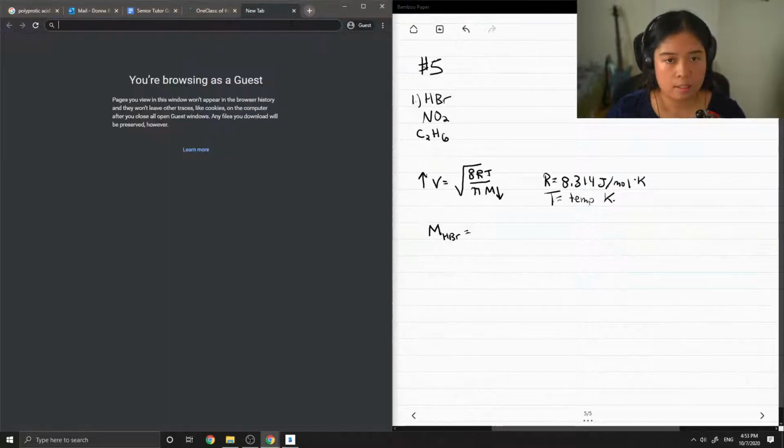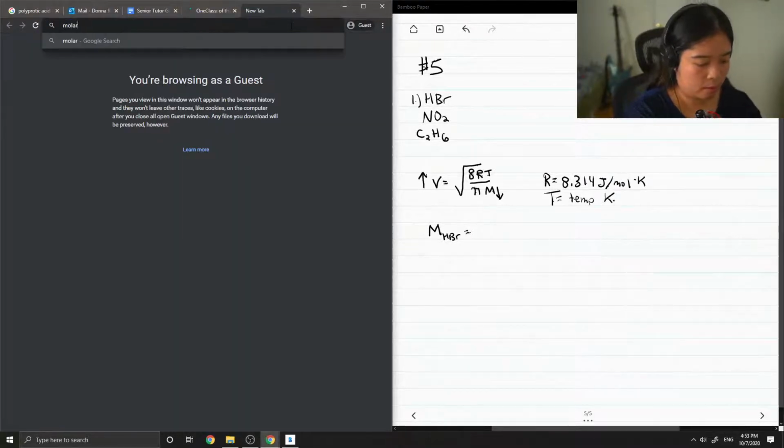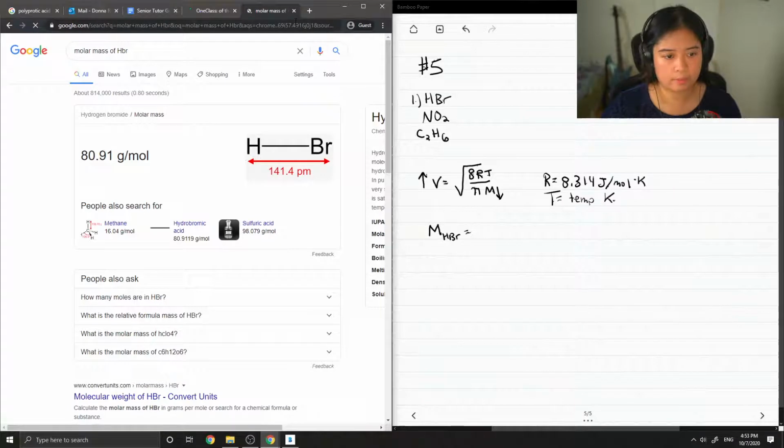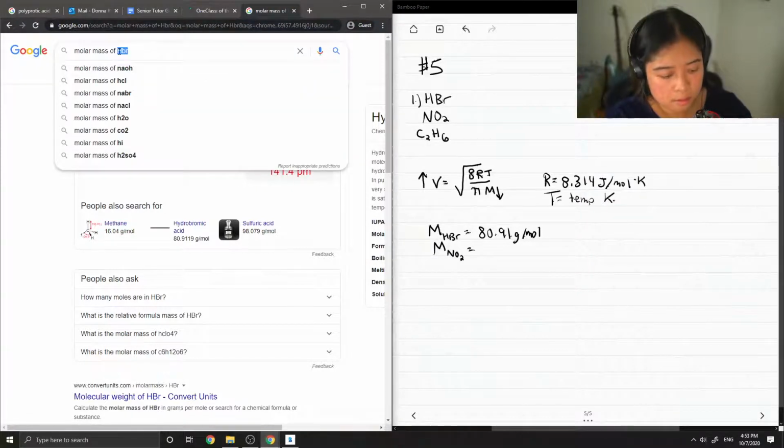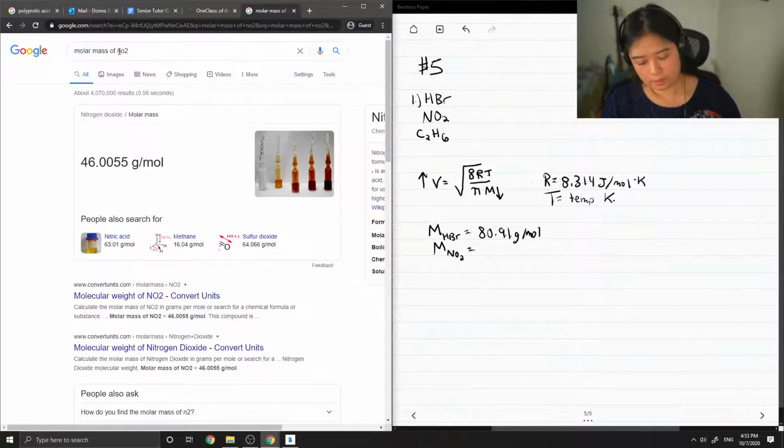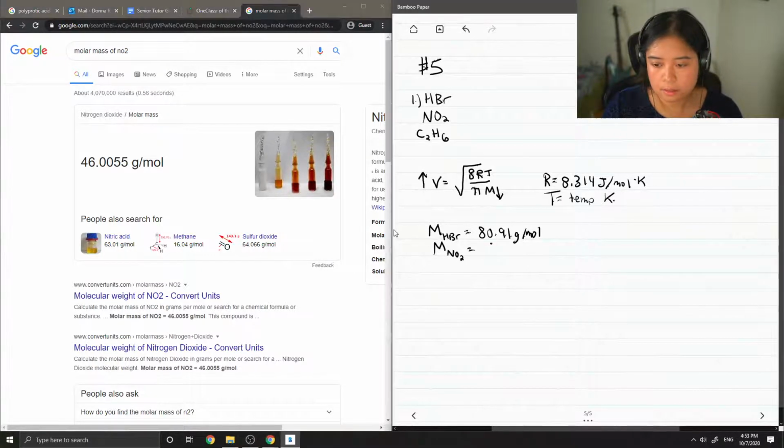First, I'm just going to Google the molar mass of HBr. The molar mass of HBr is around 80.91 grams per mole. The molar mass of NO2 is equal to 46.01 grams per mole.